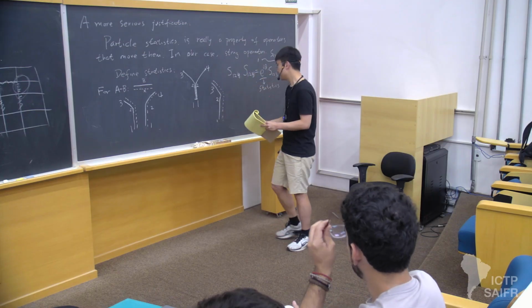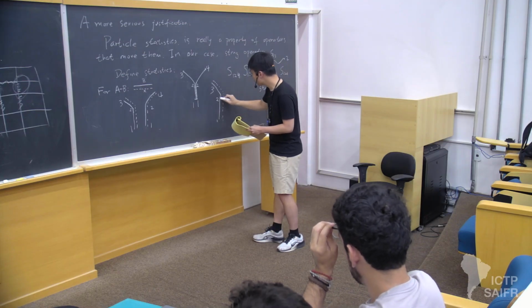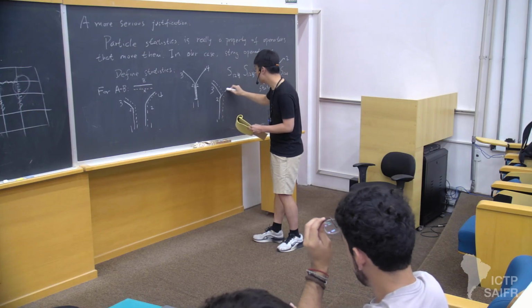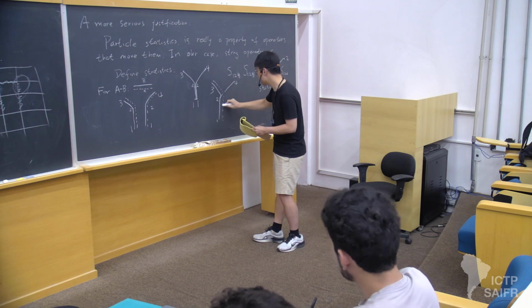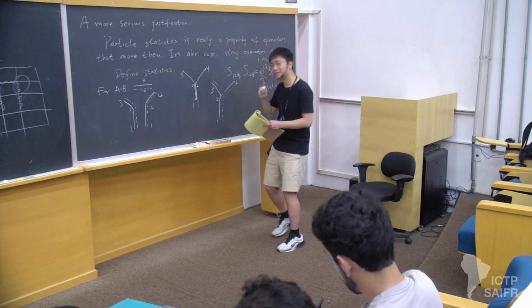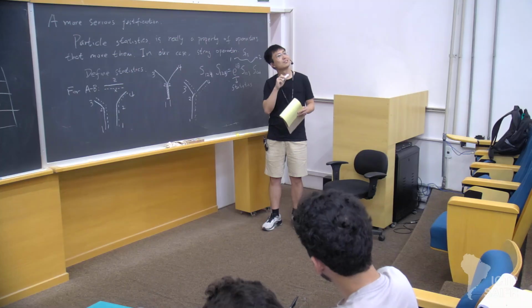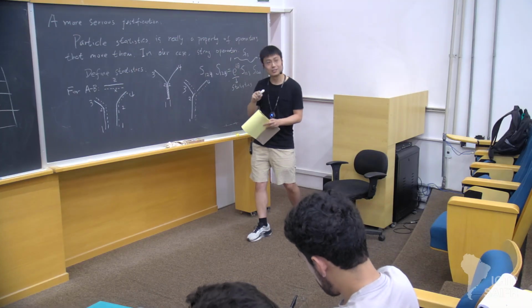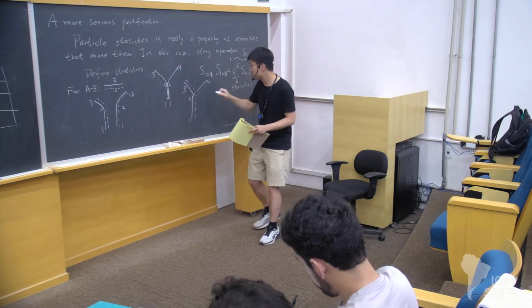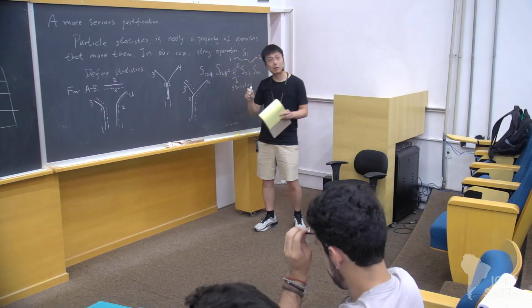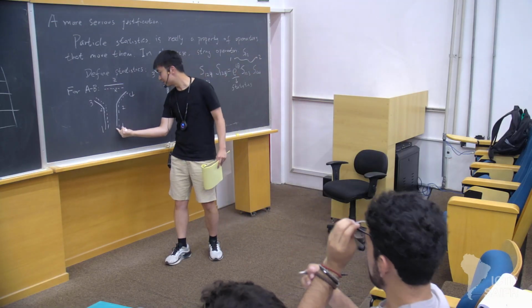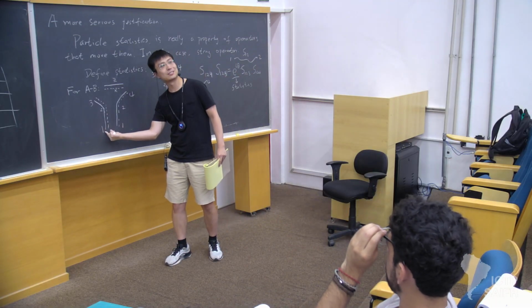Now, if I want to draw 1, 2, 4, I instead have this. Let me know if you don't see what I'm doing. I'm literally just stacking this figure on top of this figure.